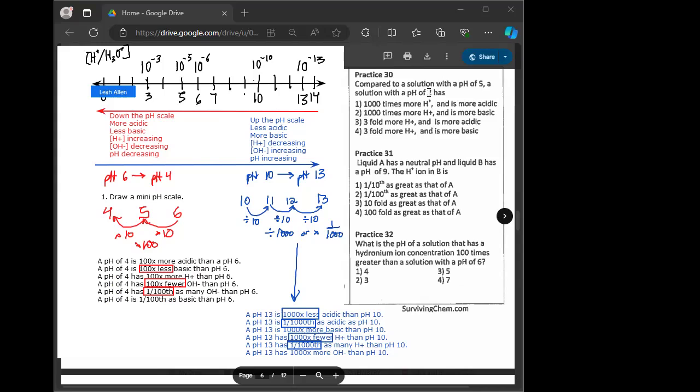Well, is it lower on the scale or higher, a pH of 2? It's lower on the scale. So, are substances with a pH of less than 7 acidic or basic? Acidic. So, things that have a pH of less than 7 are acidic. More acidic.